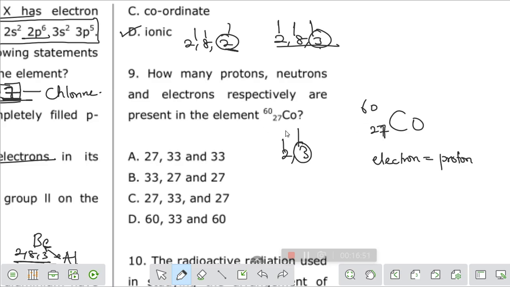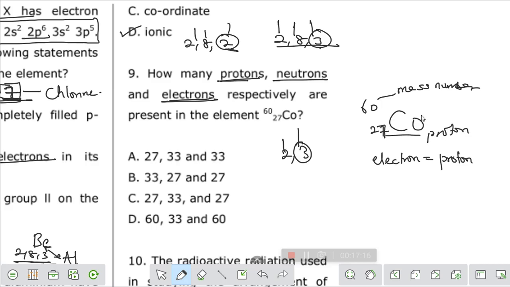We have gotten the answer for electron, and they ask us to find proton, neutron, and electron. So we have gotten the electron already to be 27. The same thing with proton. I told you proton will also be 27 because that's the number below here. The one on the top is represented by the mass number, while the number below is the number of protons.